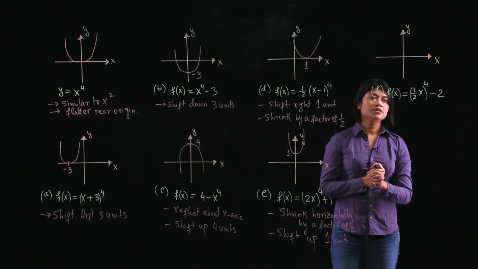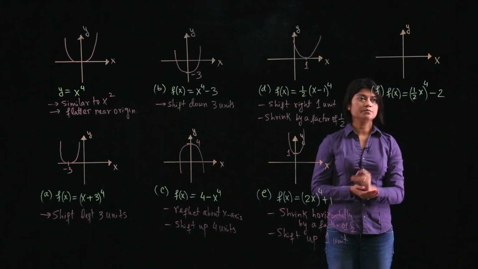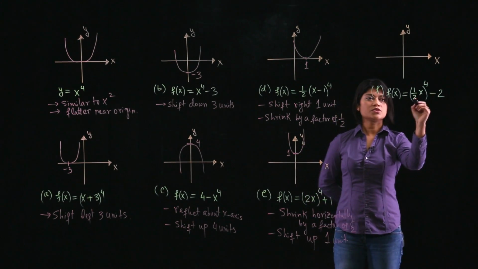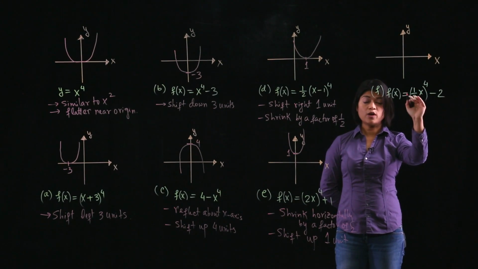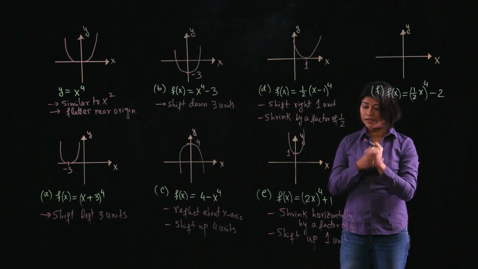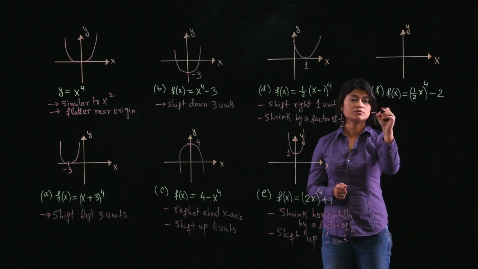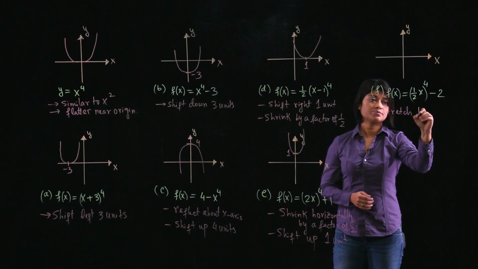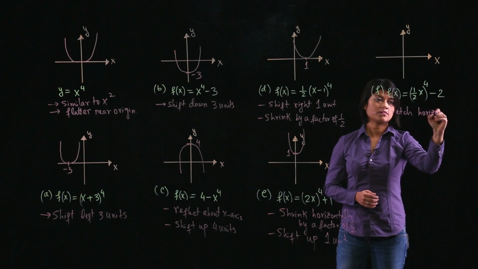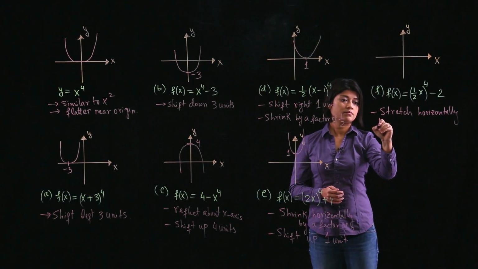The last function is 1/2 x to the power 4 minus 2. Okay, so look at the x term, 1/2 x, and 1/2 is less than 1. Therefore, you first stretch horizontally by a factor of 1/2.